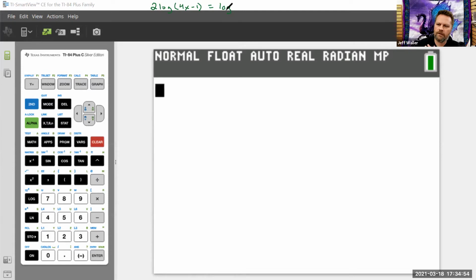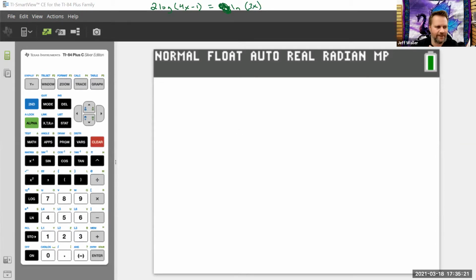Let's do this. Sorry. Natural log of... yeah, that should work. Let's find out. Equals natural log of 3x. Last time I tried to do this, it didn't work so well.